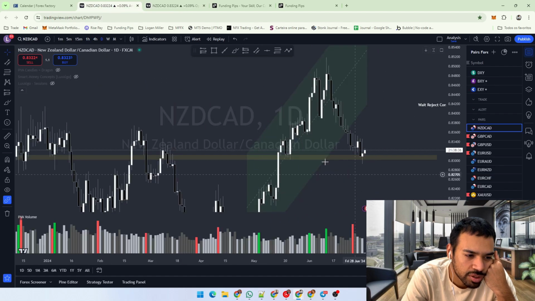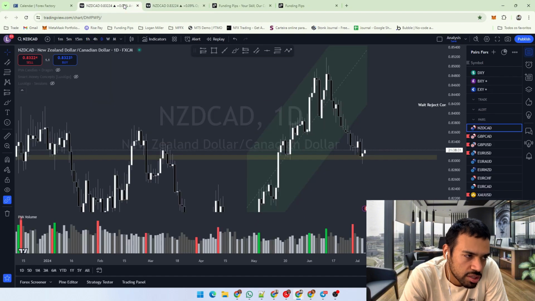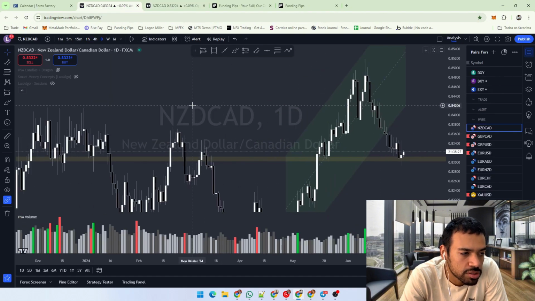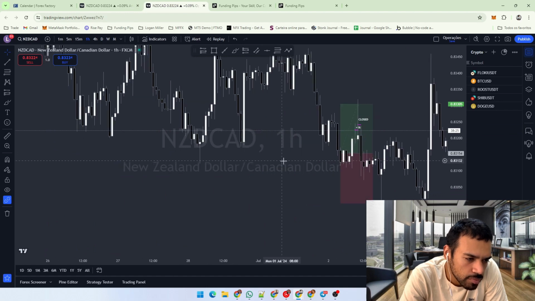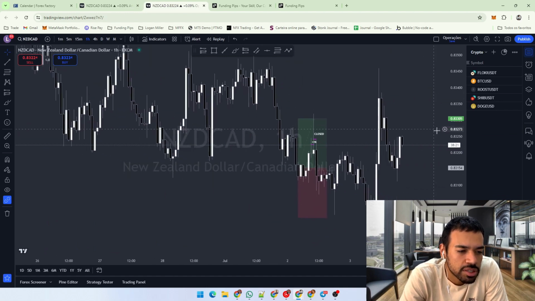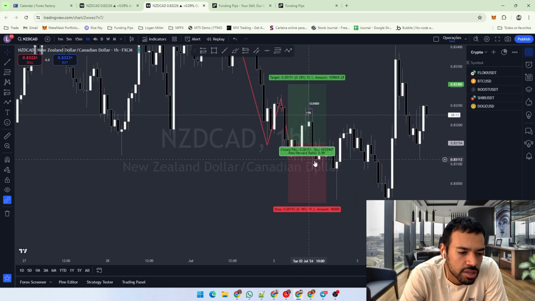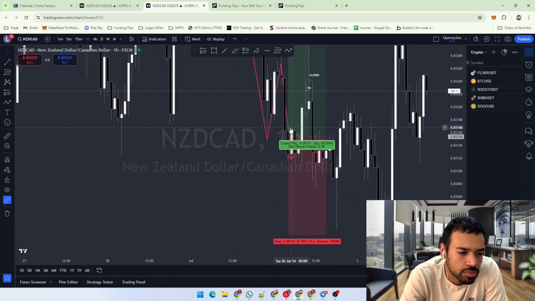We have an uptrend line, like I will show you in daily, and we are in the support region. So I look for the pattern in this area. When the price makes this pattern right here, like you can see, we have this rejection right here.